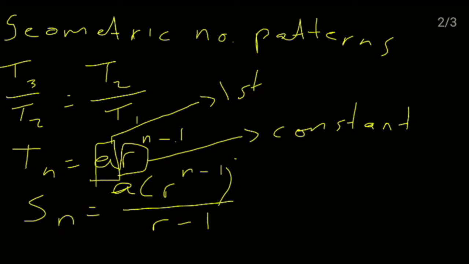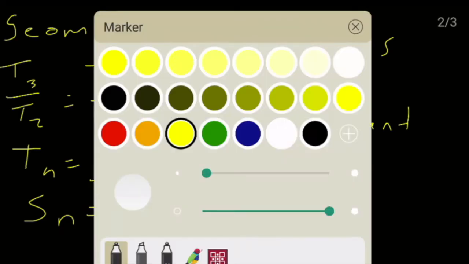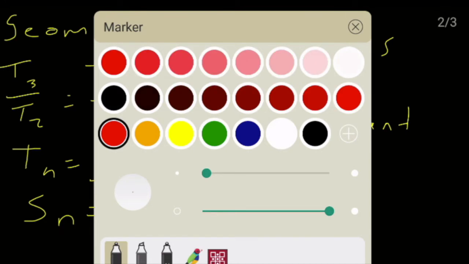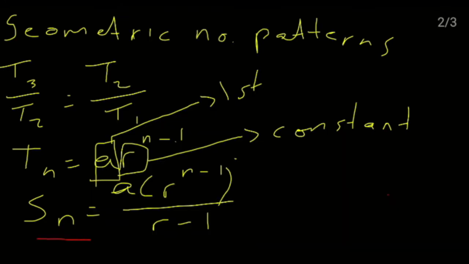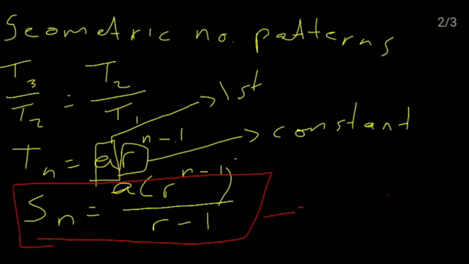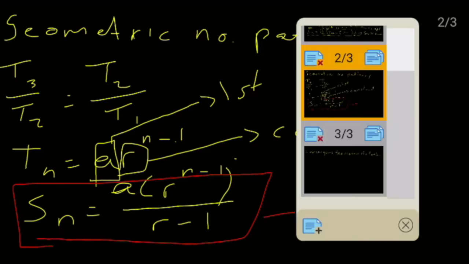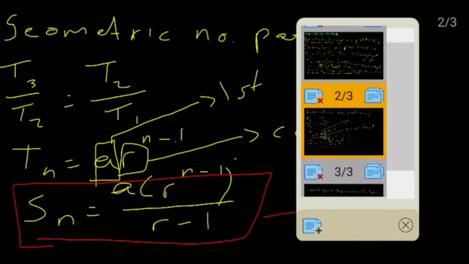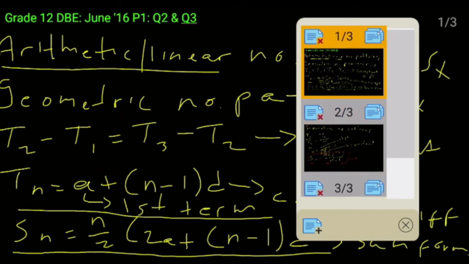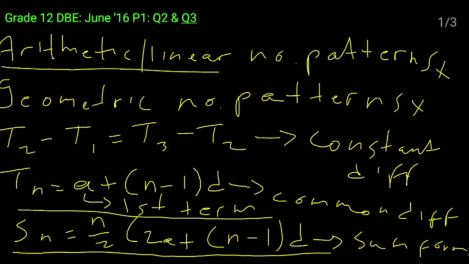And guys, whenever a question says a sum or adding or a total, what should come to mind is the type of formula that you are going to use, right? Either in geometric or in linear number patterns.